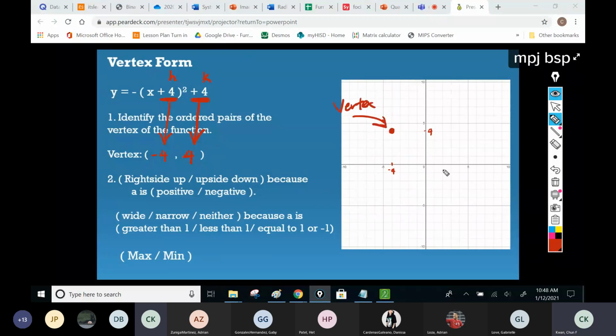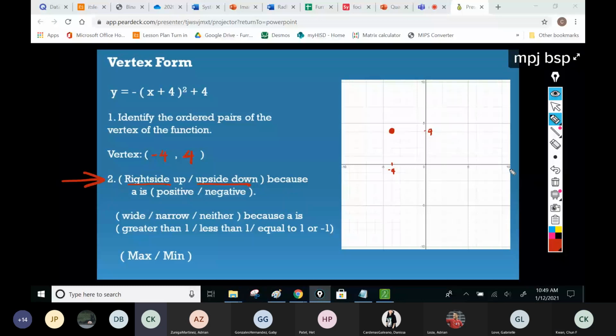It's right here. And then after that, you will look at if the graph is right side up or upside down.